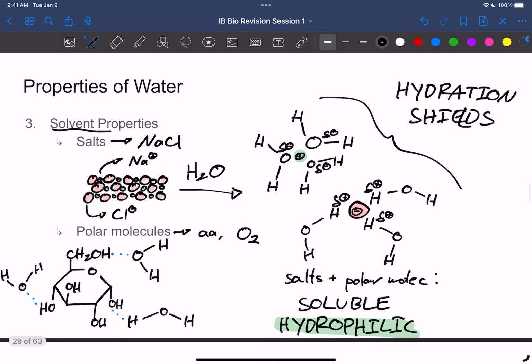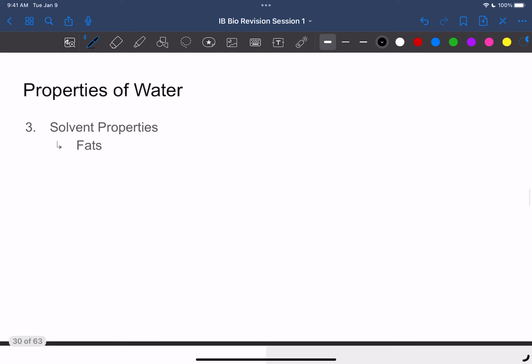So one thing that's pretty applicable here is transport. So when you have polar molecules or salts, these transport very well in your blood. They're transported freely. When we get to nonpolar molecules, we're going to see how that becomes a little bit of a problem. And that's what we're getting to right now. So an example is fats.